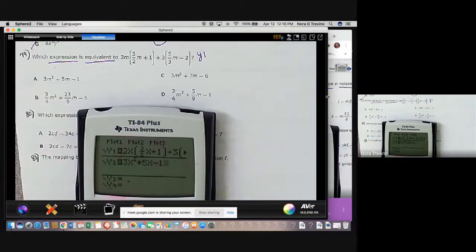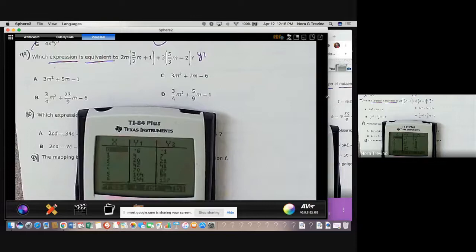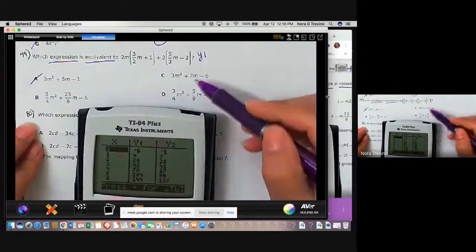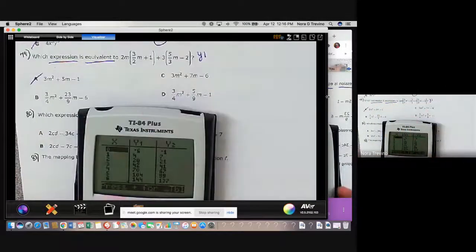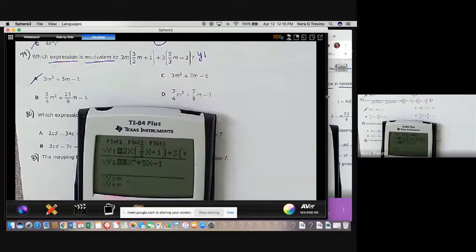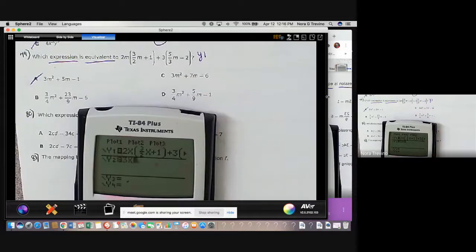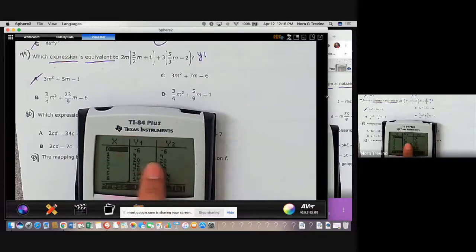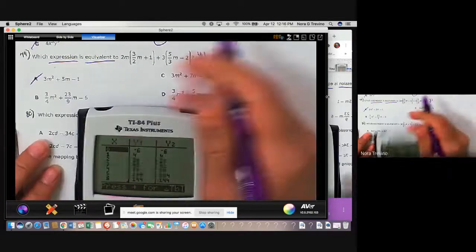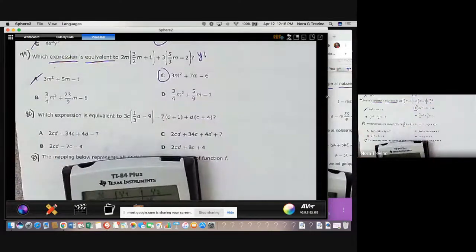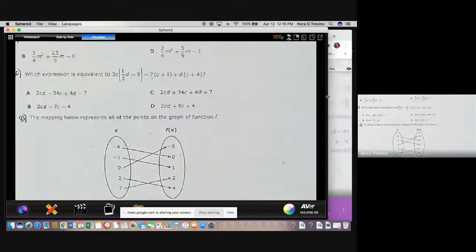If that's my answer, my tables will match. Nope, it's not. Okay, let me check C, only because there's no fractions, so it's easier to type. So I'm going to put 3x squared plus 7x minus 6, second table. Oh, there it is. Got it.